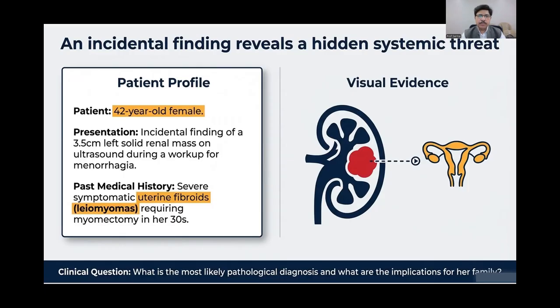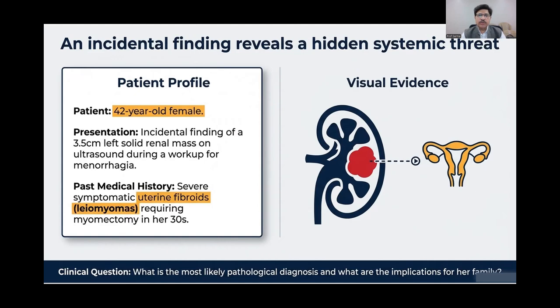She has severely symptomatic uterine fibroids. Leiomyomas were diagnosed and required myomectomy in her 30s. Now she is in her 40s, that means 12 years before she underwent myomectomy. Now she presented with a left renal solid mass of 3.5 centimeters.